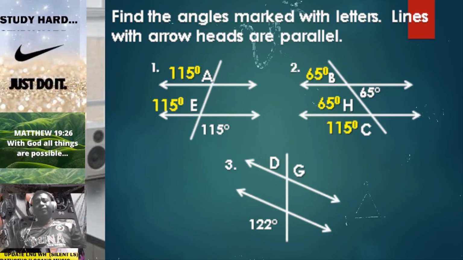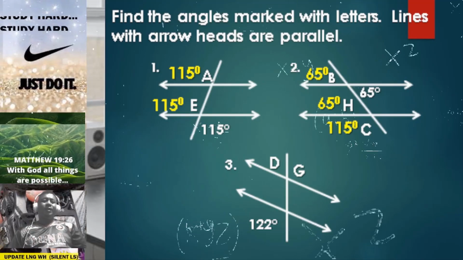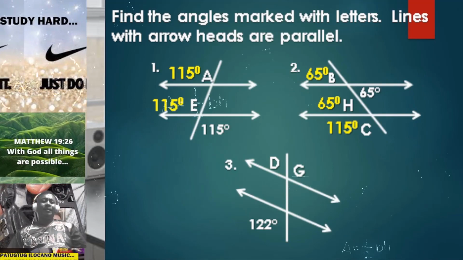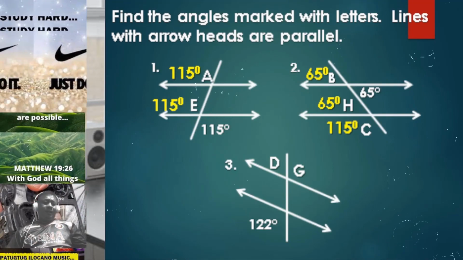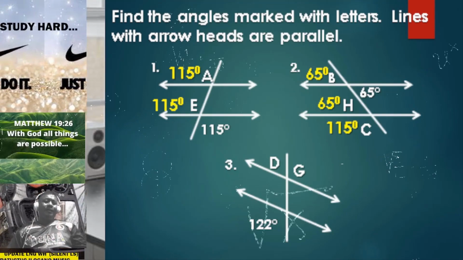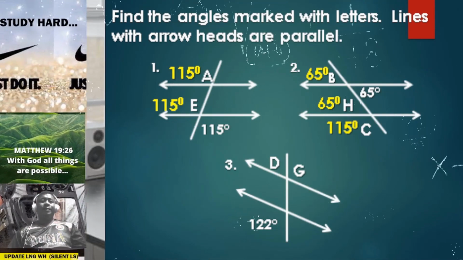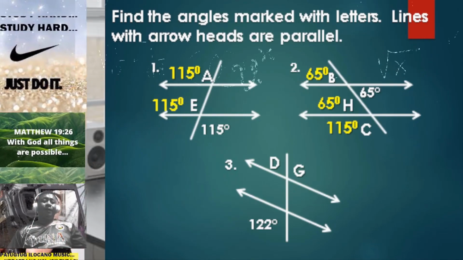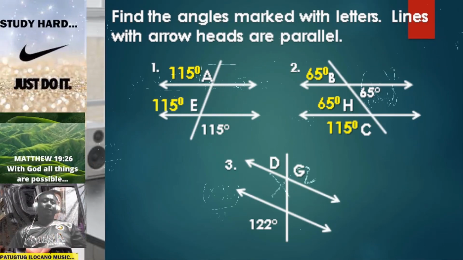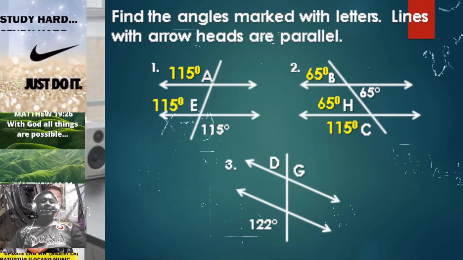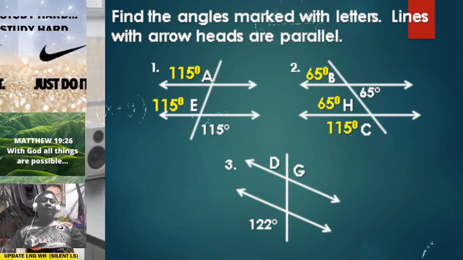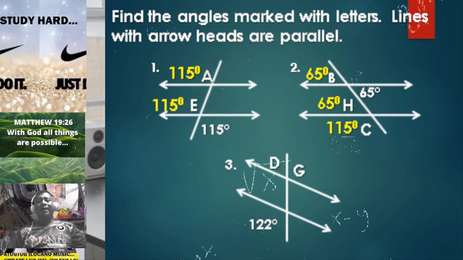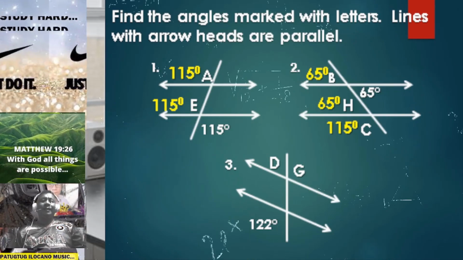Consider number 3. Given 122 degrees, we are to look for the measure of angle D and G. The measure of angle D can be determined by getting the difference of 122 degrees from 180, since angle D and 122 degrees are same side exterior angles, and same side exterior angles are supplementary.